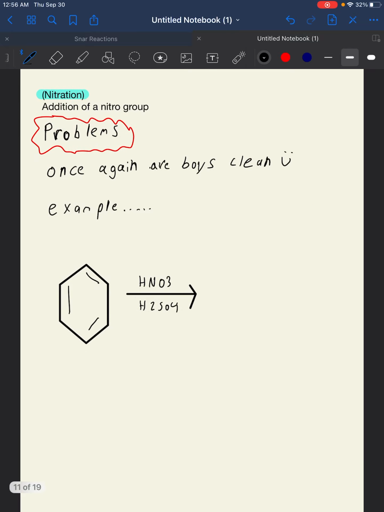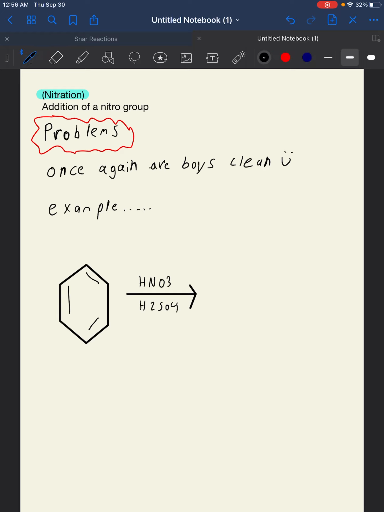So what's the next one? It's called nitration. What does nitration do? It adds an NO2 group on. So when we do this, HNO3 and H2SO4 is the reaction arrow you're going to usually see when this occurs.